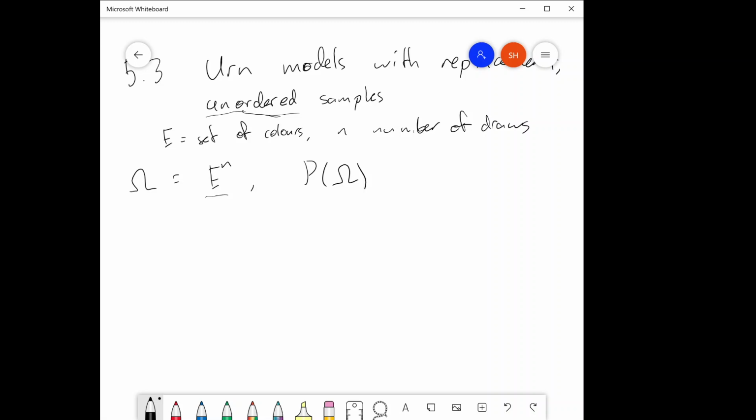Now we want to go to an unordered sample. The way you do that is you put the elements in here and you throw out the order.